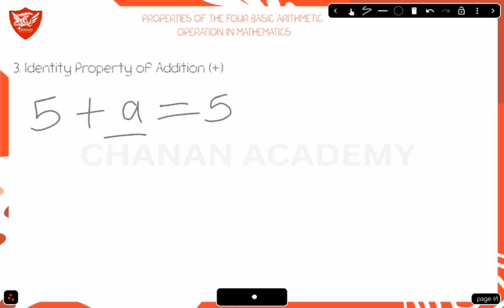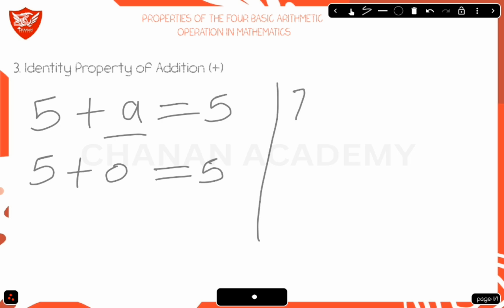So the identity of addition is 0, because if you add any value or any element to 0, the result will still be that element. If you try 7 plus 0, the result will still be 7. So 0 is the identity element for addition. I hope you understand.